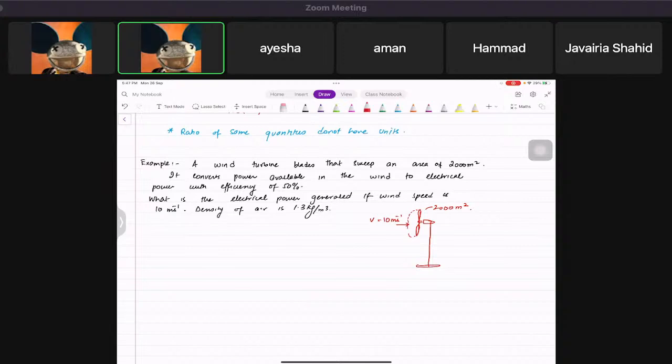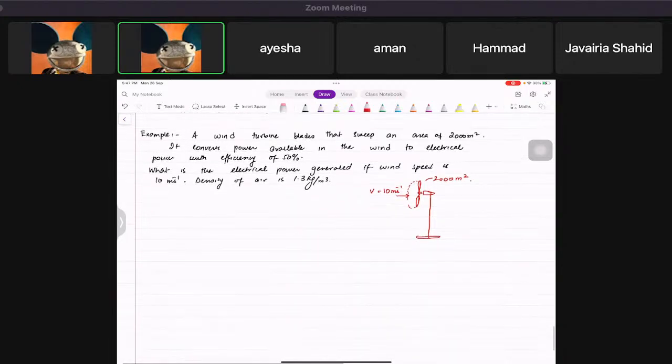Now, first of all, I would like to understand what exactly is the input energy? Because wind is moving, do you know which energy it should have? Kinetic.